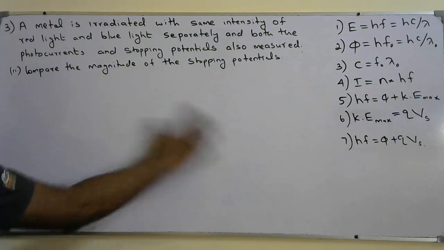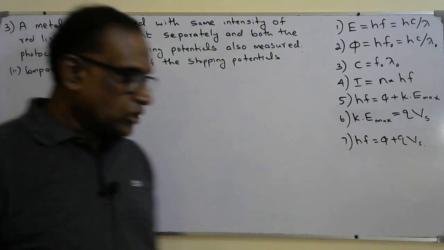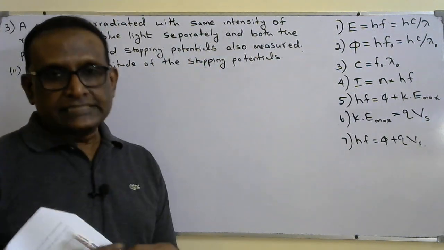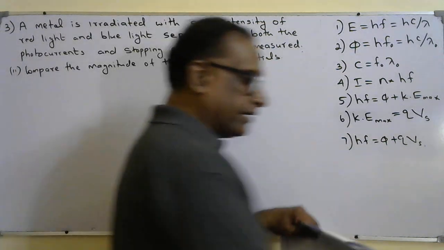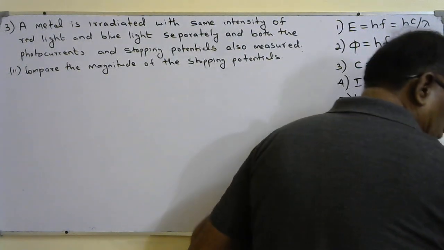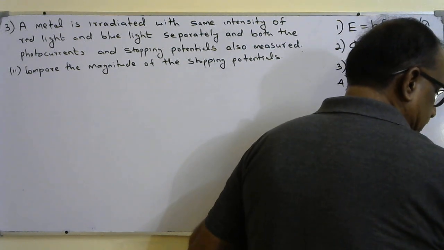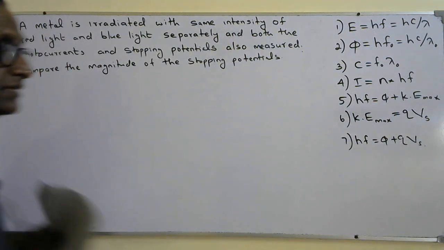Okay, second part: compare the magnitude of the stopping potential. Stopping potentials are also measured separately when blue light and red light were irradiated on the metal. So we compare the stopping potentials separately. Blue color light has greater frequency.